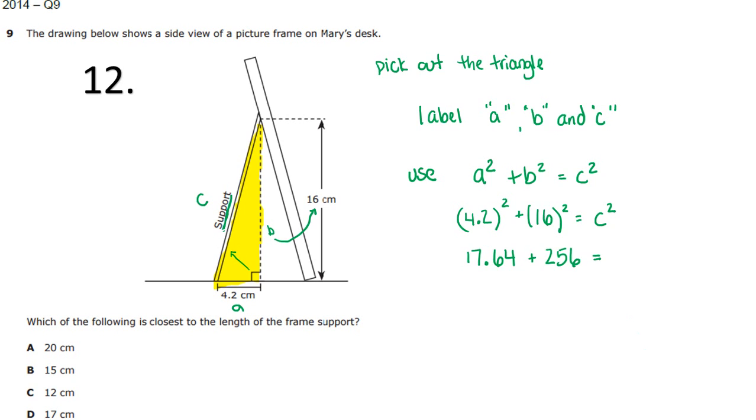Remember, either type it all in your calculator at once or type them both individually and then add them together. Otherwise, you'll get a mistake because of order of operations. Now, we are not finished with this question. We have our answer to c squared. What we have to do next is take the square root.